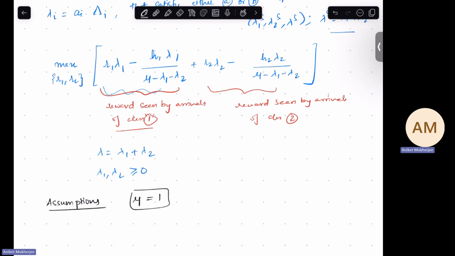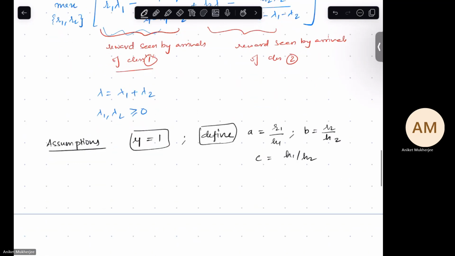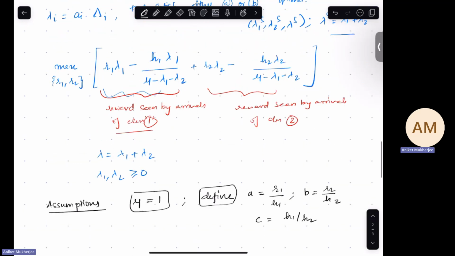If I say it is 1, then it means that I'm using the whole service rate. Okay, and I'll define some terms: A equal to R1 by H1, B equal to R2 by H2, C equal to H1 by H2. Let me call this problem C.